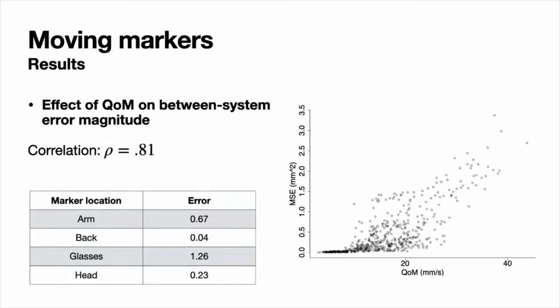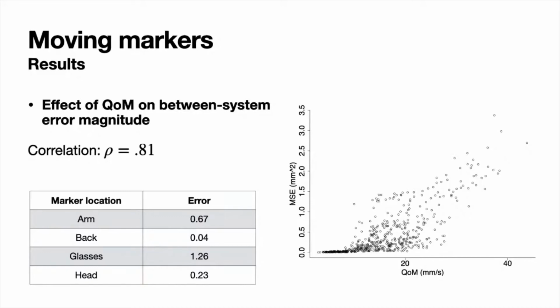For moving markers, we tested the hypothesis that the magnitude of the error between the systems would increase as quantity of motion also increased. As you can see from the graph at the right, we did find a pretty strong correlation between quantity of motion and between-system error magnitudes.